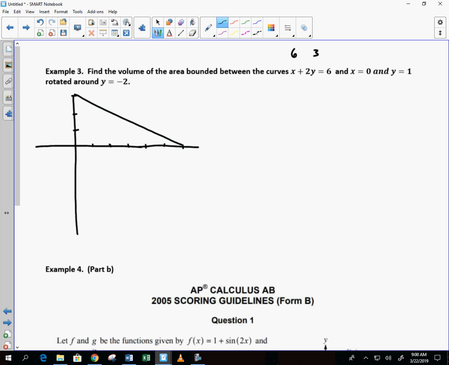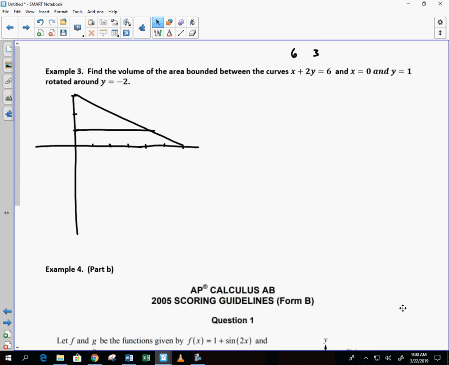We all good? Okay. And then I've got x equals 0. Well, what's x equals 0? Y-axis. And y equals 1, horizontal line at 1. So do you see the region that's shaded that is enclosed?